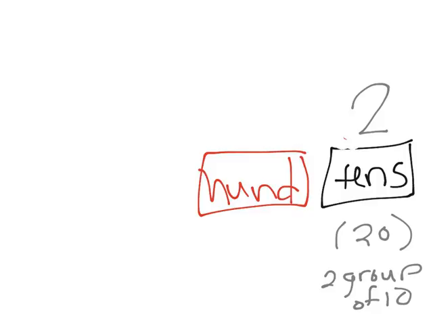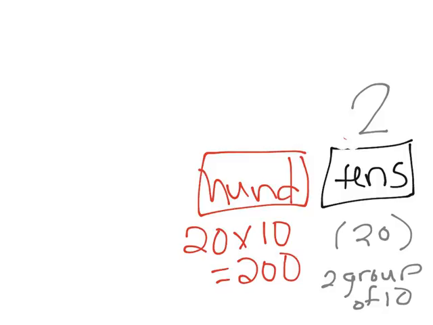You need to multiply the 20, or the two groups of 10, times 10 to get 200. So you have 20 groups of 10 to get 200.